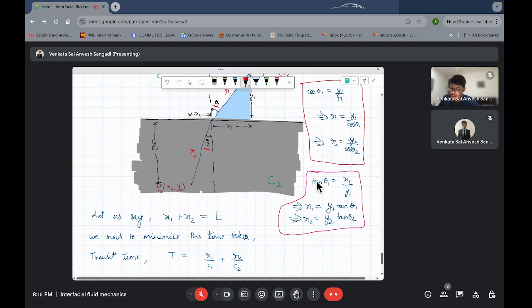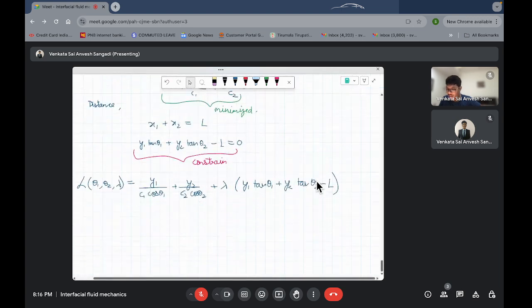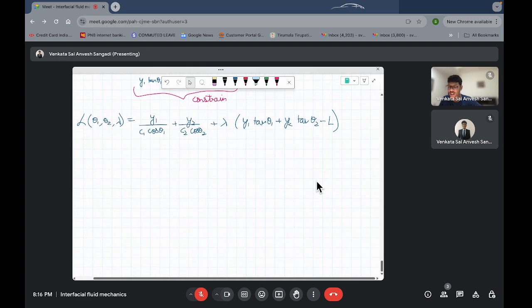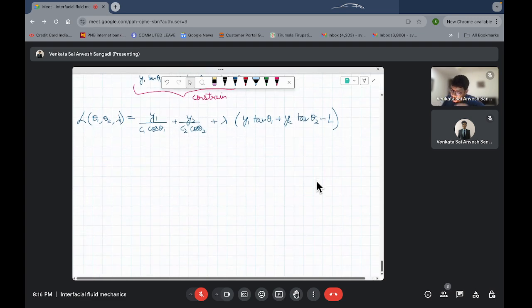Depending on that, the values of x1, y1, x2 and y2 will be adjusted. Therefore, we'll take theta 1 and theta 2 to be the independent variables here.